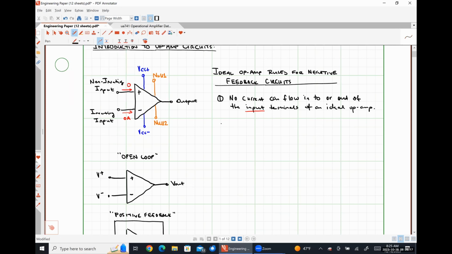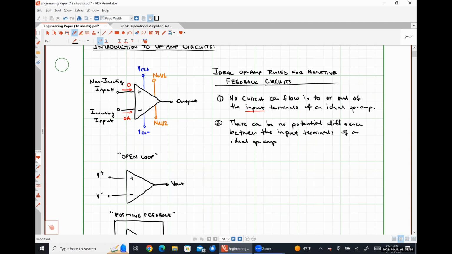The second rule for an ideal op amp is there can be no potential difference between the input terminals of an ideal op amp.